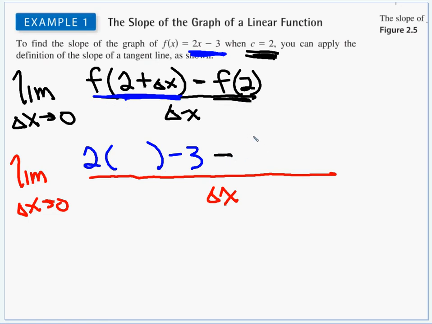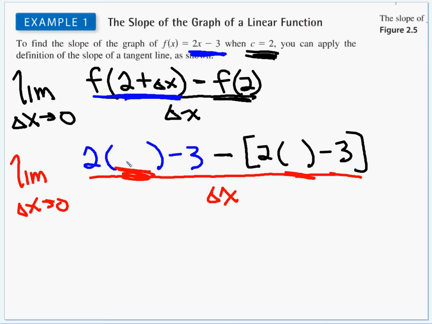So this is minus, and notice I'm going to group this as we're subtracting it as a quantity, 2 something minus 3. So when we're using this difference quotient, you're going to use the function twice in the numerator. It's less confusing, I found, if we write it out like this with empty parentheses. 2 times something minus 3 minus quantity 2 times something minus 3.